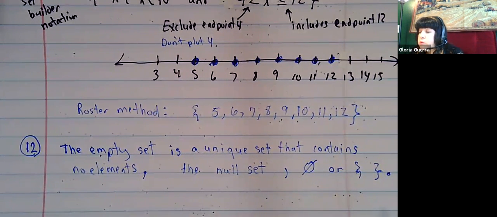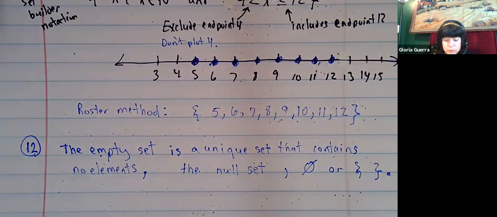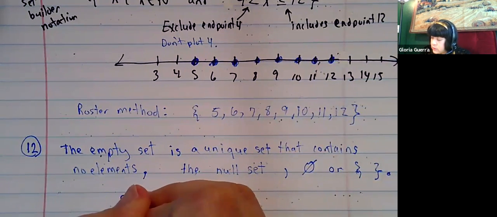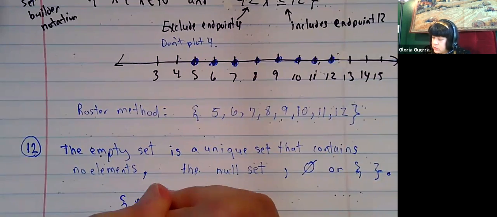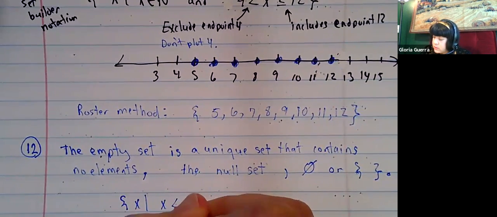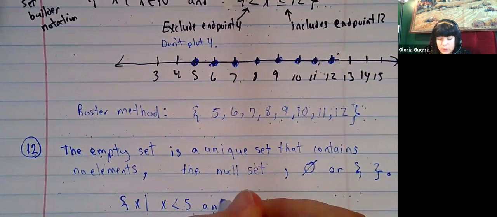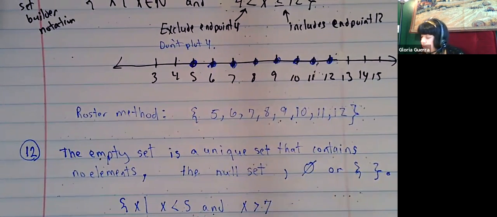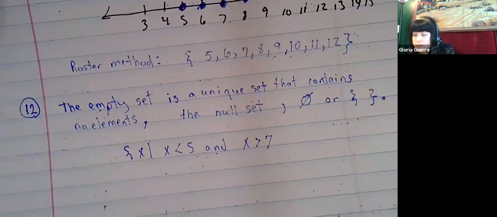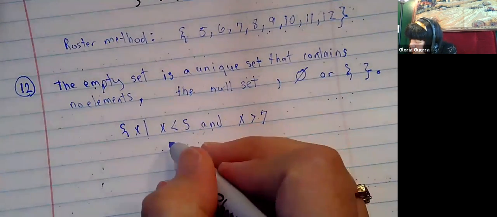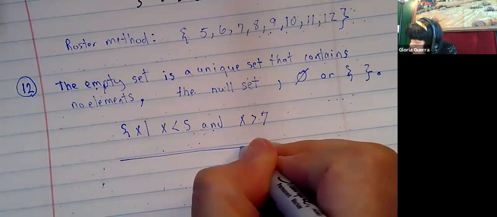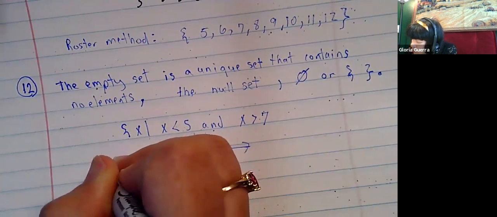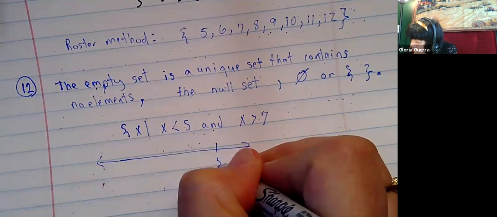Okay, so now what we have to represent is what was given to me in this problem: the set X such that X was less than 5 and X was greater than 7, okay? So to represent this one, X is less than 5.